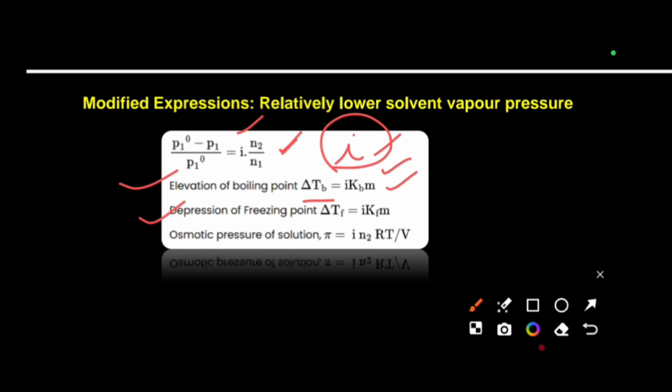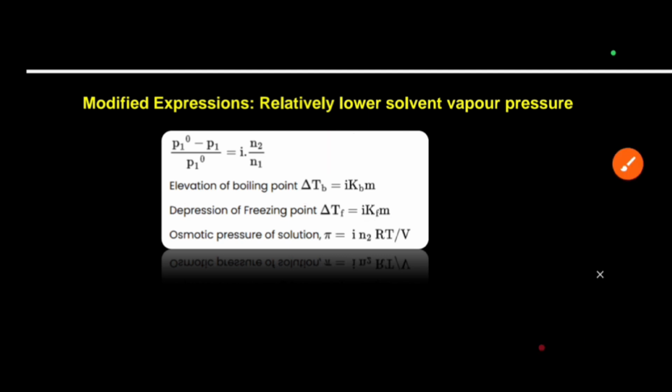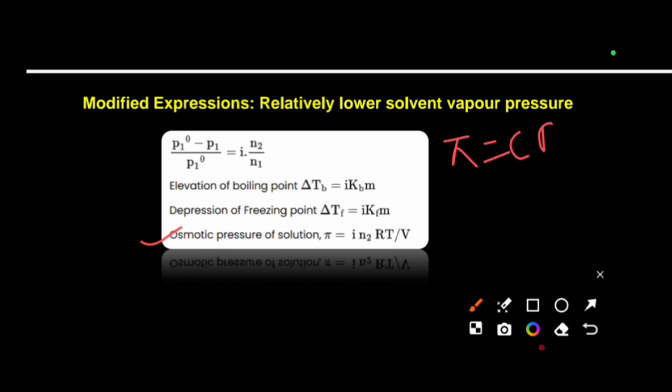In the same way you can write the i value for the depression in freezing point. Here you have attached i because molality is given, in which moles of solute are given. Then osmotic pressure of the solution is pi equal to CRT.